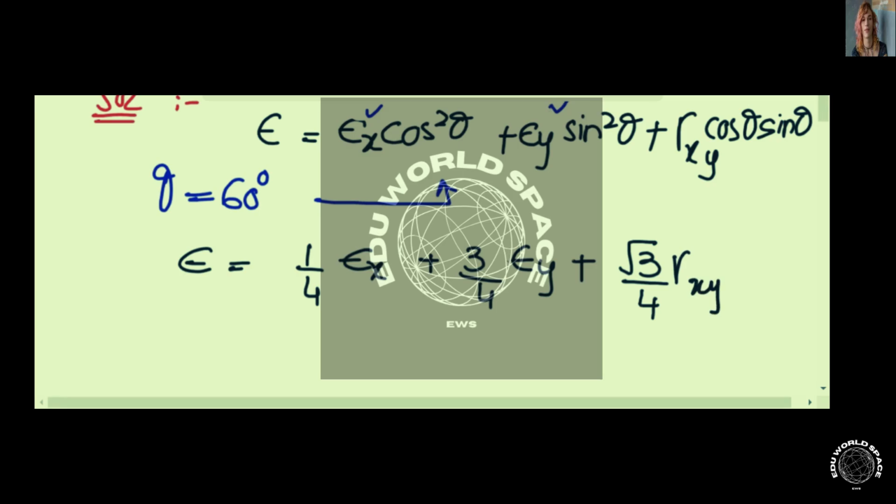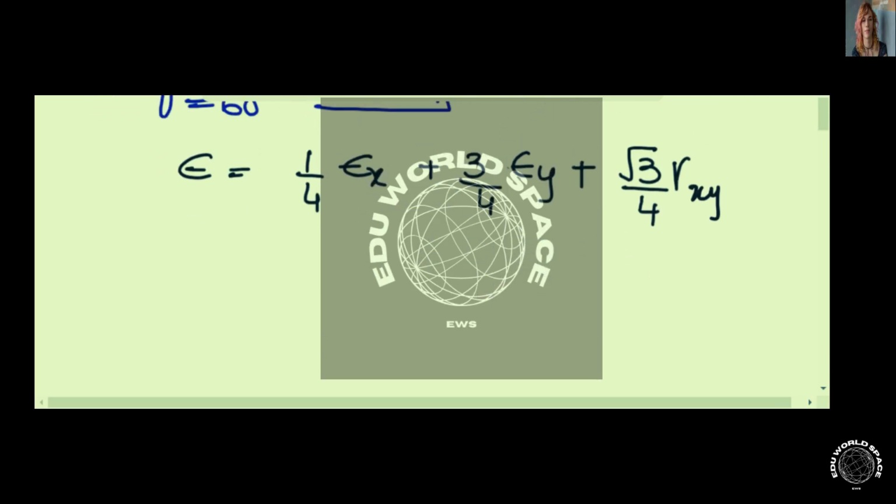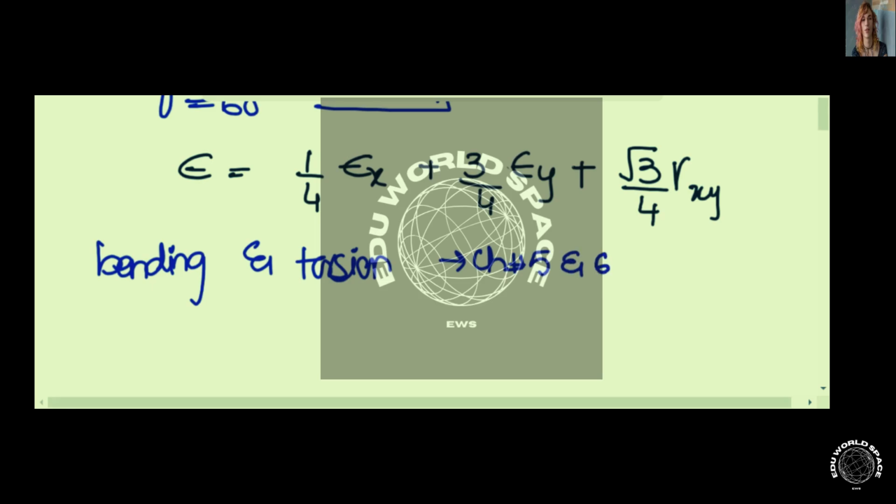Next, we need to see what kind of deformation happens to the pipe because of the force P. The problem is simple enough that we can just look at it and know we are dealing with bending and torsion. The equations for these can be found in chapters 5 and 6, and they are equations 5.6 and 6.13.